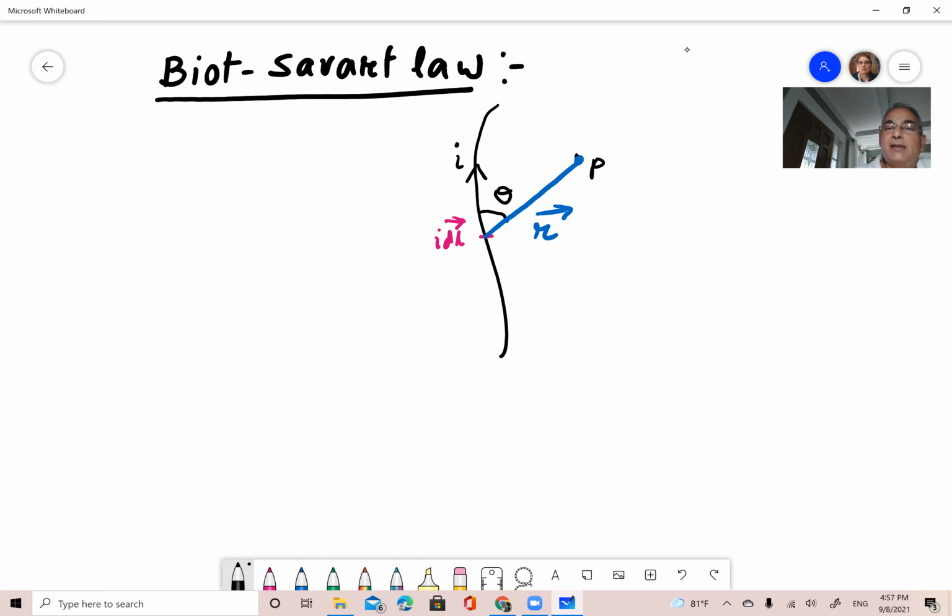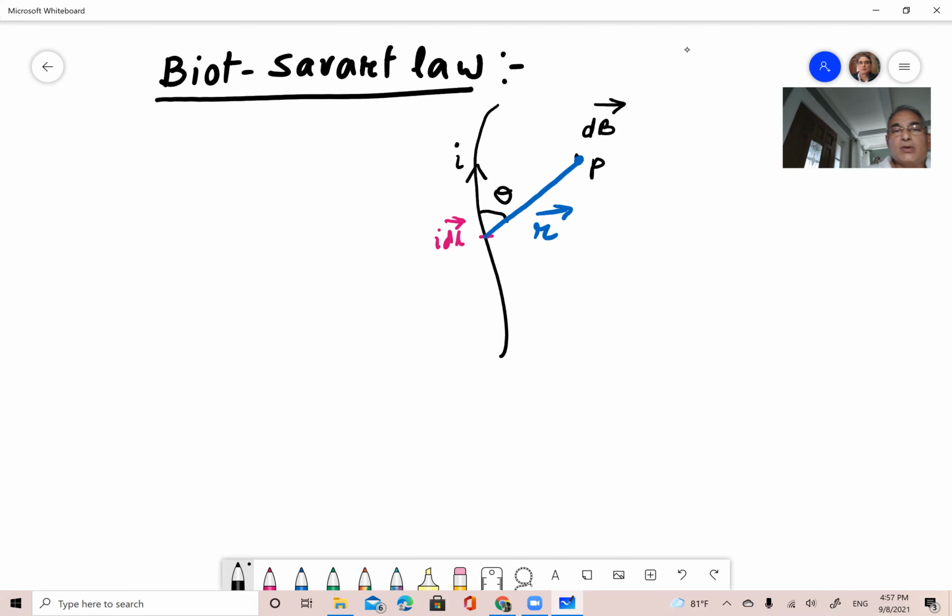By calculating the magnitude of the small magnetic field dB at the point P, we can calculate the total magnetic field produced by the whole wire, either by vector addition or by integrating.